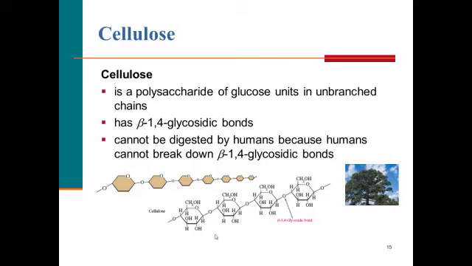For example, even though the connection is still 1 to 4, because it goes from the alpha anomer to the beta anomer of glucose molecules, humans are completely incapable of getting any dietary benefit from cellulose molecules because we don't have enzymes that recognize this glycosidic bond. This will mean more to us as we discuss the metabolism of carbohydrates in chapter 22.